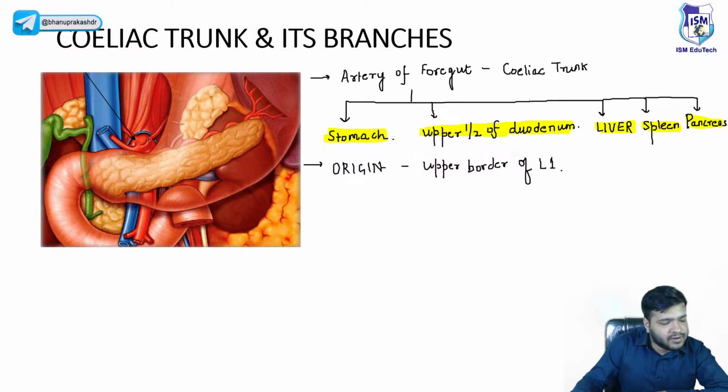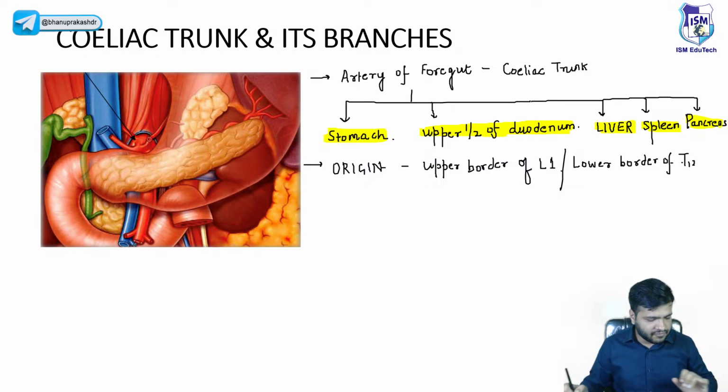In many books, it will be written as the lower border of T12 or the upper border of L1. Both are correct. So it is the lower border of T12 vertebra or the upper border of L1 vertebra.